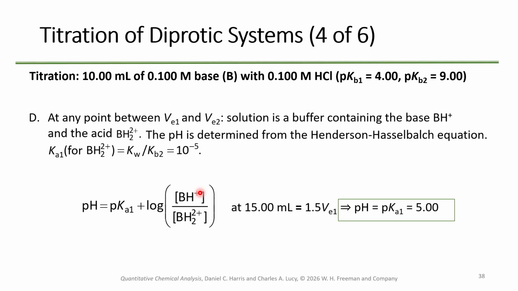Everybody notice I'm being very careful in my language there of more basic, more acidic, rather than this is the absolute acidic form, right? That's the most acidic form. This right here, though, is the intermediate form. Okay? It's more basic than that acidic form, right? And so it is the base for this case. Okay. So at 15 milliliters, I'm going to go ahead and plug those in. And again, how far is that along my VE for this?